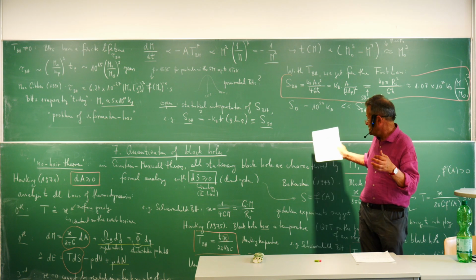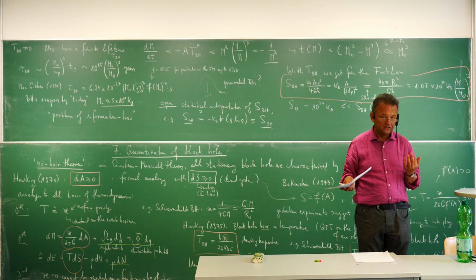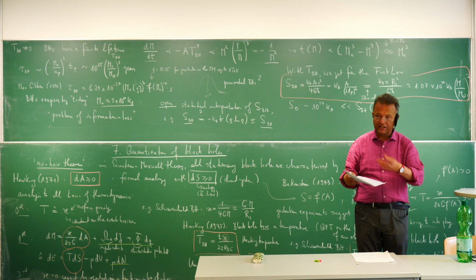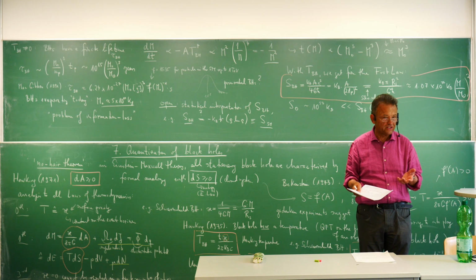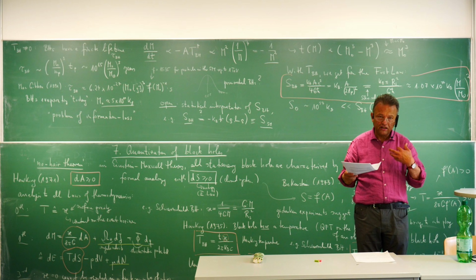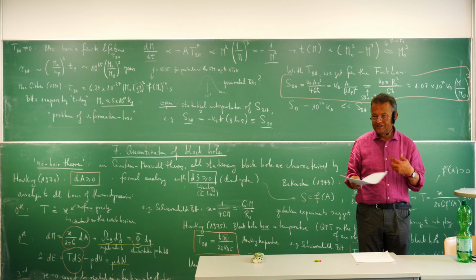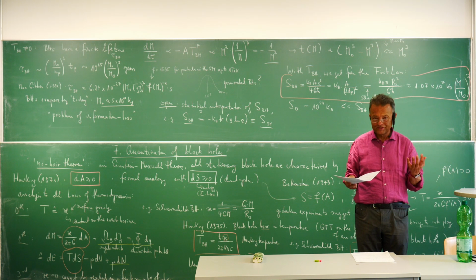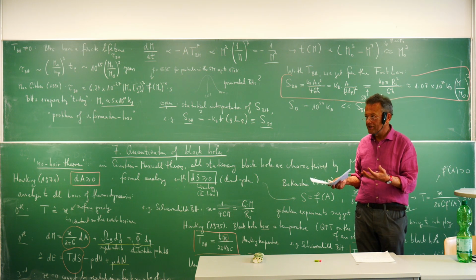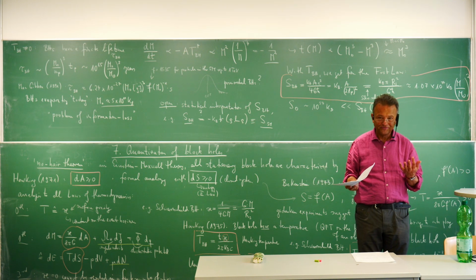Now, if you assume that Hawking's result were exactly valid, not an approximation to a yet to be found quantum theory of gravity, then the radiation of the black hole would be exactly thermal, independent of what you start with. That means any initial state, if it goes to a black hole, will just produce thermal radiation.